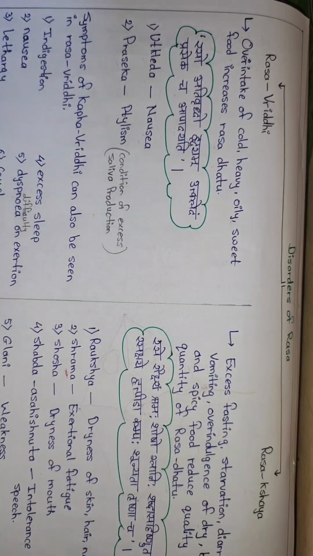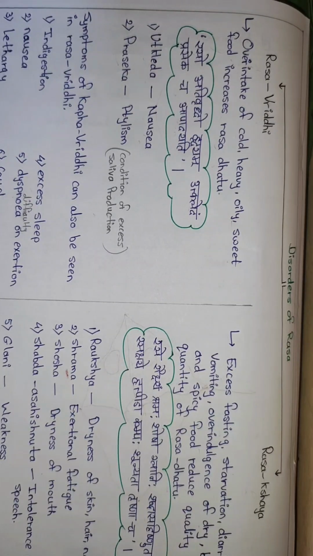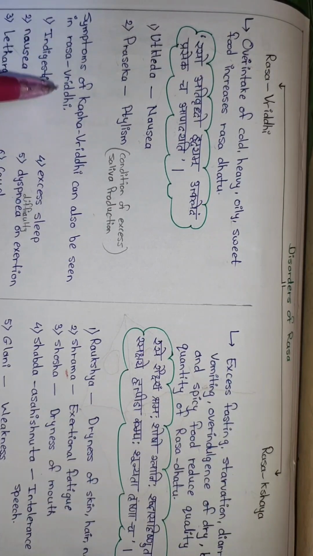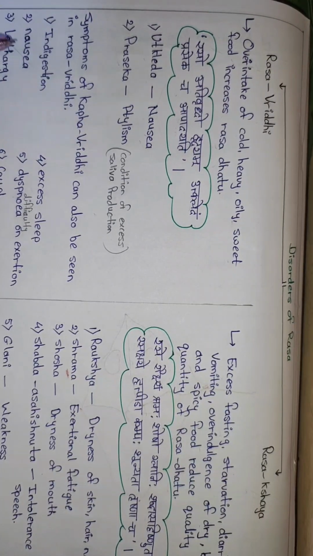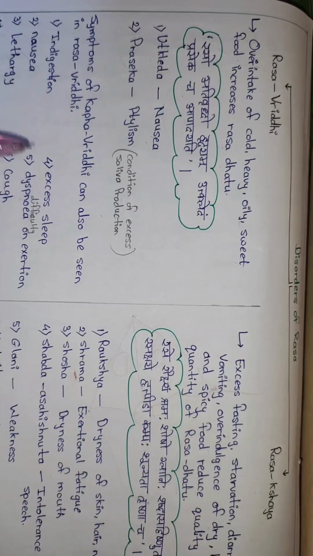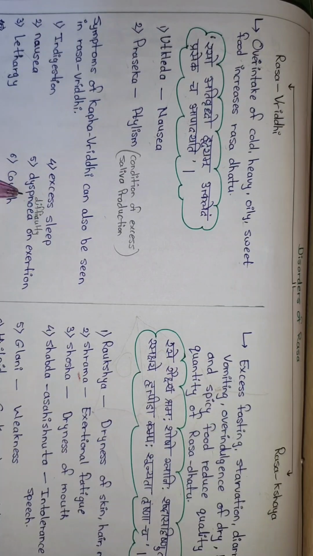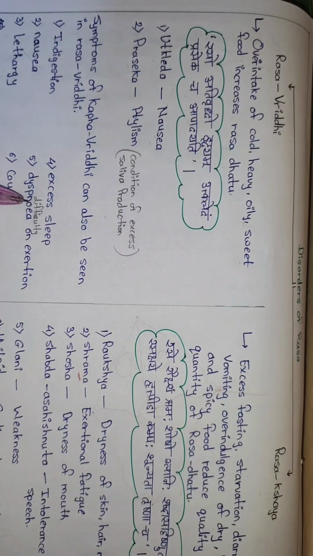And also, as we have compared the Rasa dhatu with the Kapha dosha, the Kapha Vriddhi symptoms are also similar to the Rasa Vriddhi symptoms, or can be included in them as well. They are indigestion, nausea, lethargy, that means alasya, excess sleep, then dyspnea on exertion, that means difficulty in breathing, and kapha.